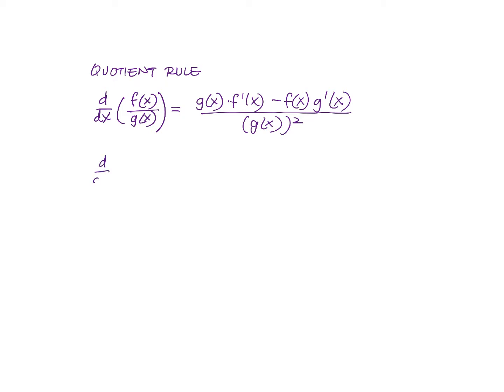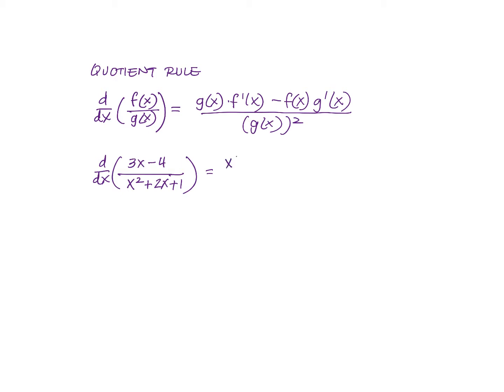If we want to take the derivative of (3x minus 4) all over (x squared plus 2x plus 1), let's say. What we're going to get is, remember, the numerator is the f of x and the denominator is g of x.